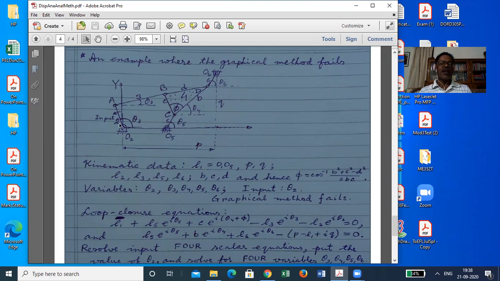For this pentagonal loop, you get vector L1 plus vector L5, that is here, plus vector C, which is this, minus vector L3, which is this, minus vector L2, which is this.